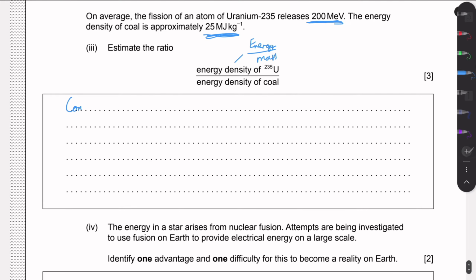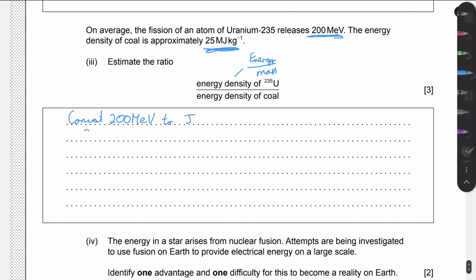So convert 200 mega electron volts to joules. So we can convert that pretty simply. We need to first convert to electron volts. So that's 200 times 10 to the 6. And we need to still multiply by 1.6 times 10 to the minus 19, so that we convert it into joules.